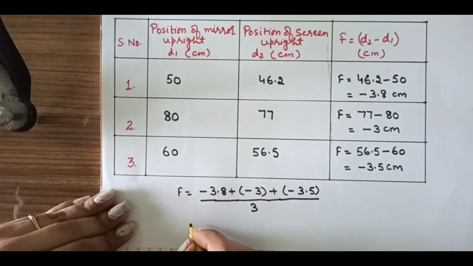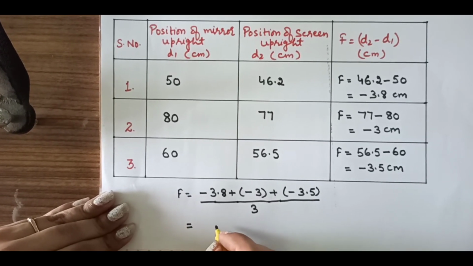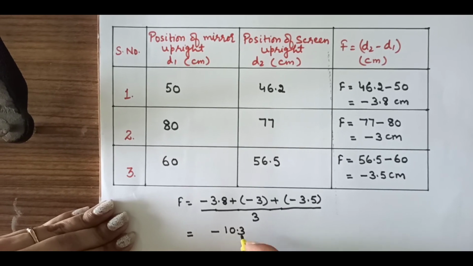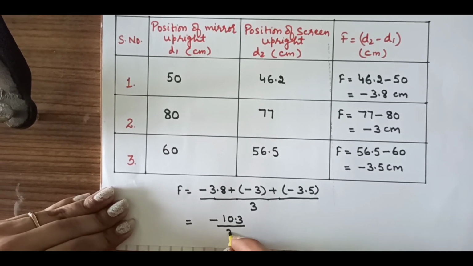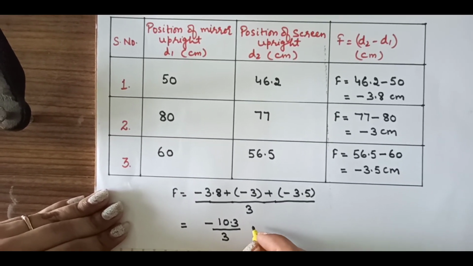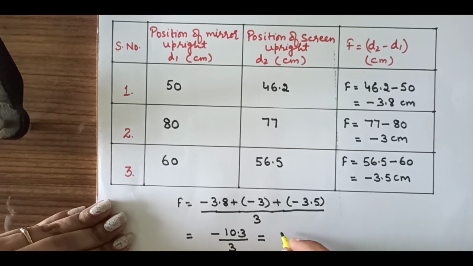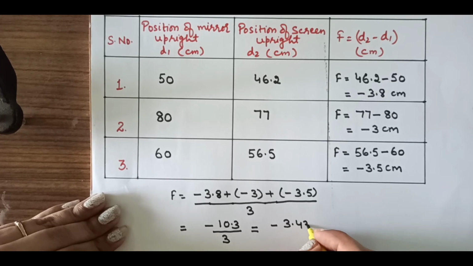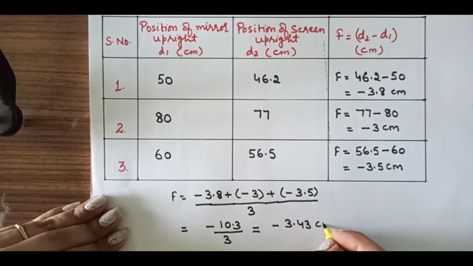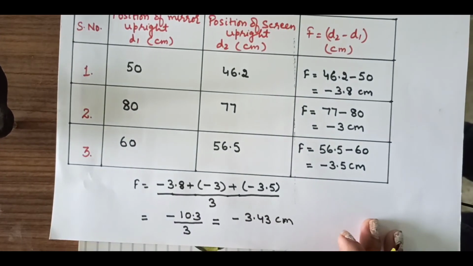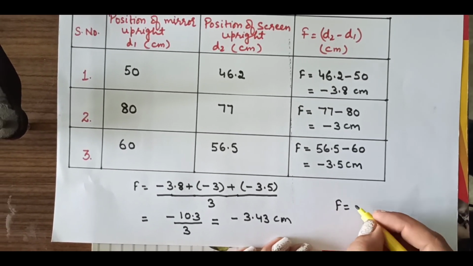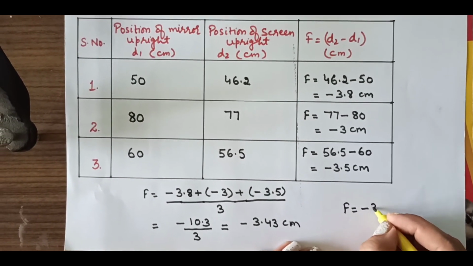By adding these three values we get minus 10.3 divided by 3. If we solve it, we get minus 3.43 centimeter.